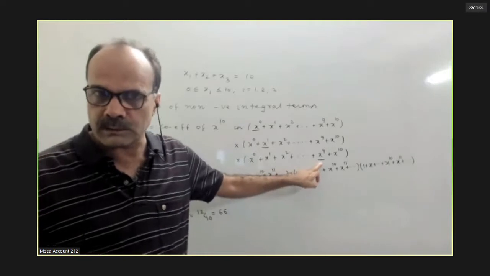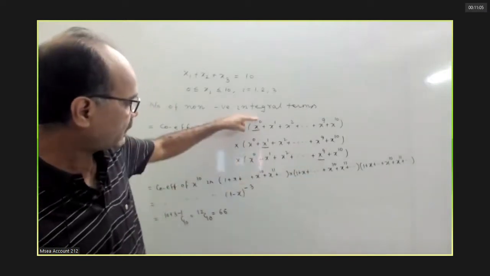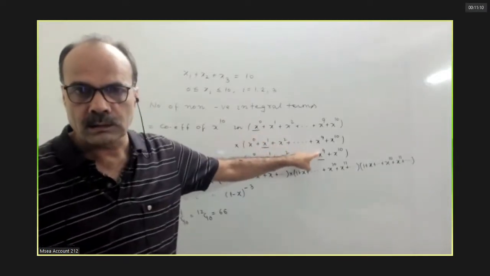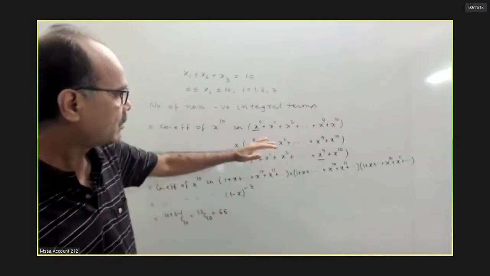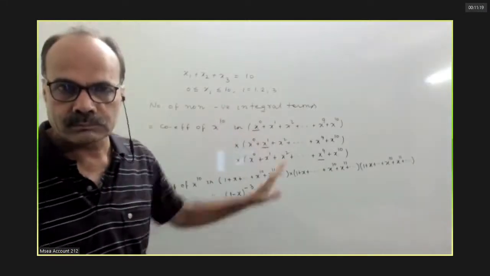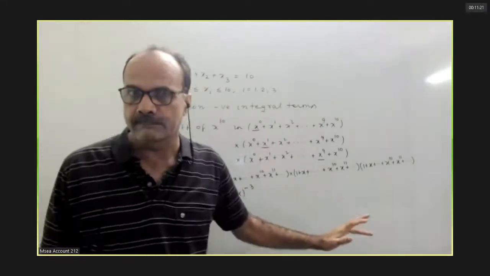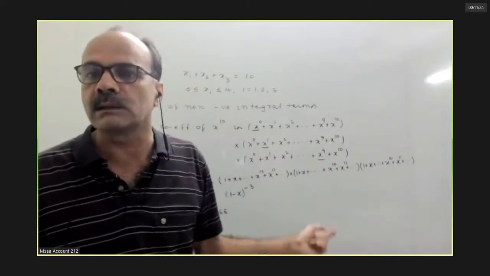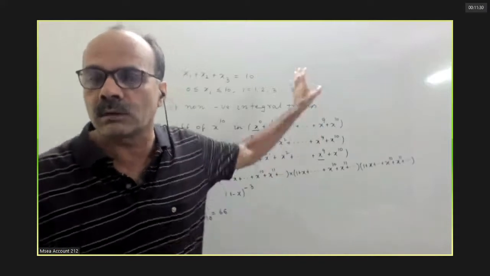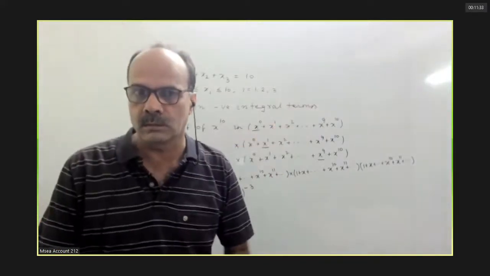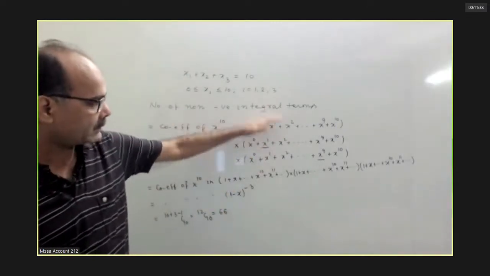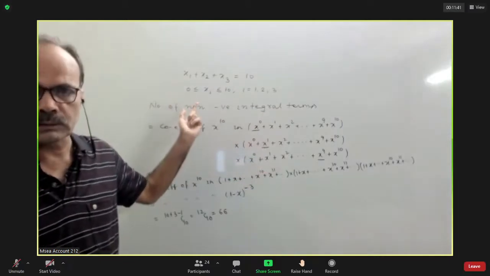Corresponding to this x to the power 10, the solution is x1 = 0, x2 = 1, x3 = 9. Like that, corresponding to each x to the power 10 in the product of all these three series, there will be a solution of this mathematical model. So whatever the coefficient of x to the power 10 in this product is, that will be the number of solutions.